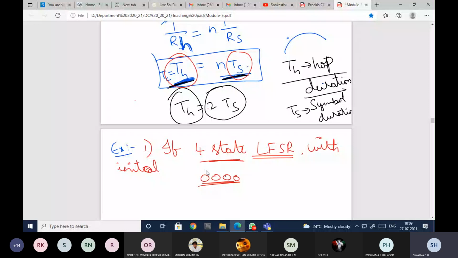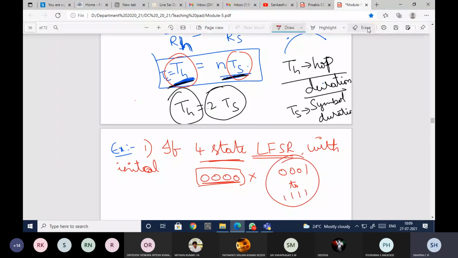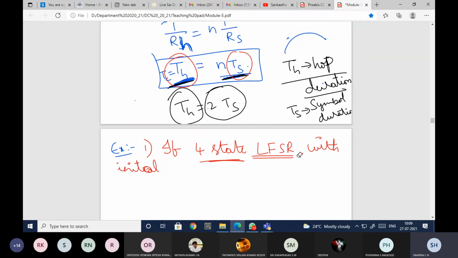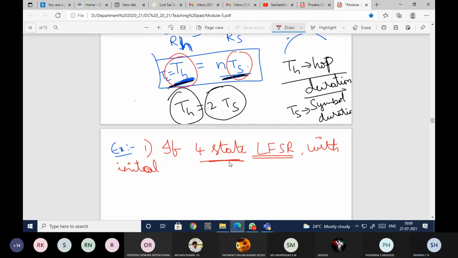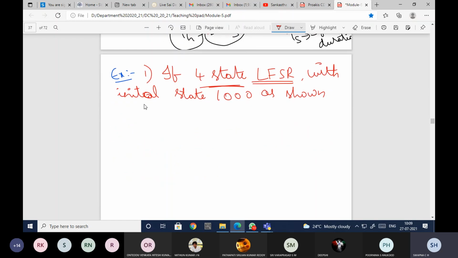Except this, you can take any combination from 0, 0, 0, 1 to 1, 1, 1, 1 as initial state of the LFSR. Here he is specifically mentioning you take it with initial state as 1, 0, 0, 0 as shown. Here he is giving the LFSR circuit as well. If they don't give you, you can draw it on your own.